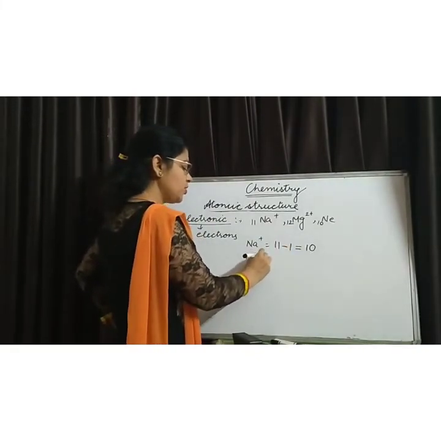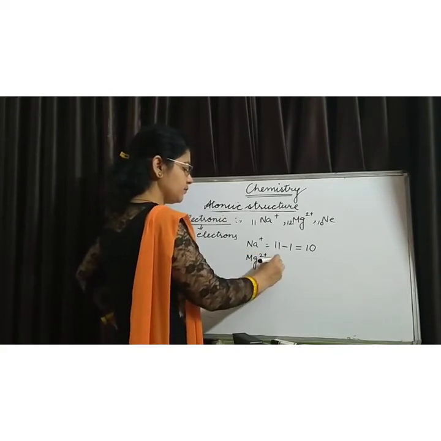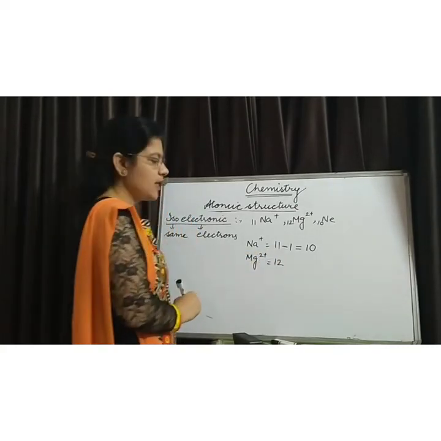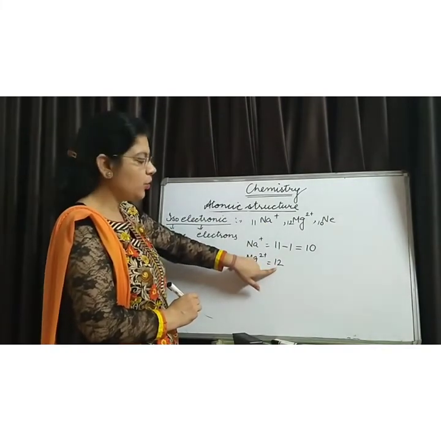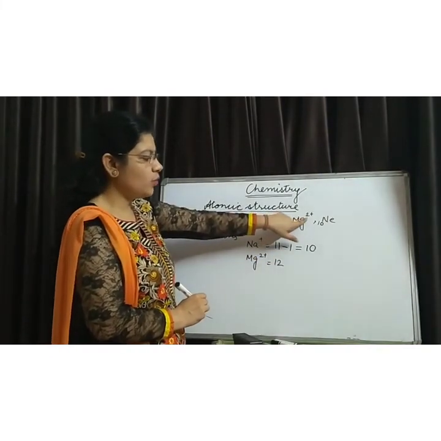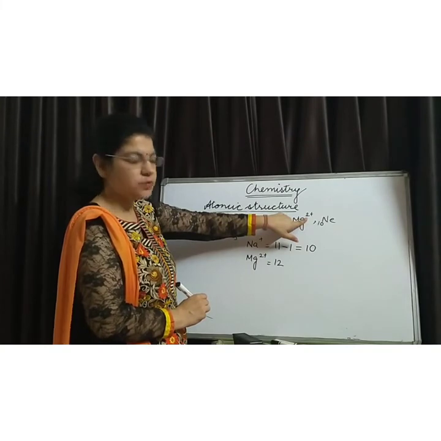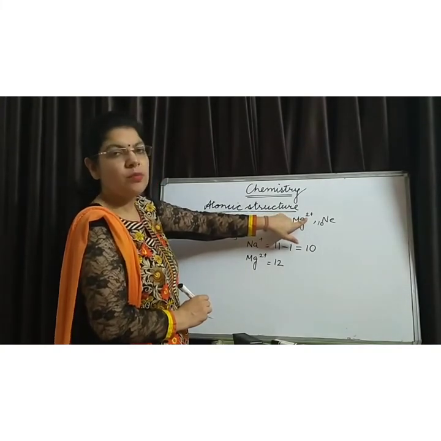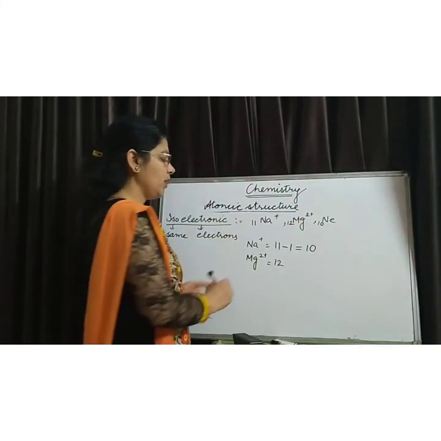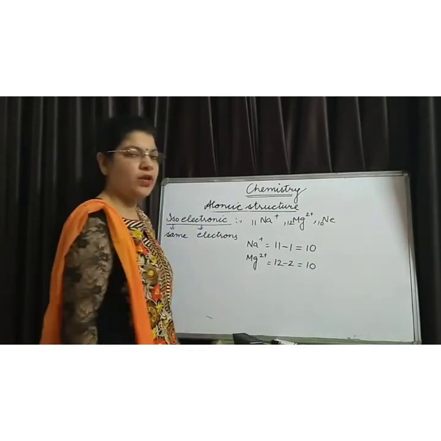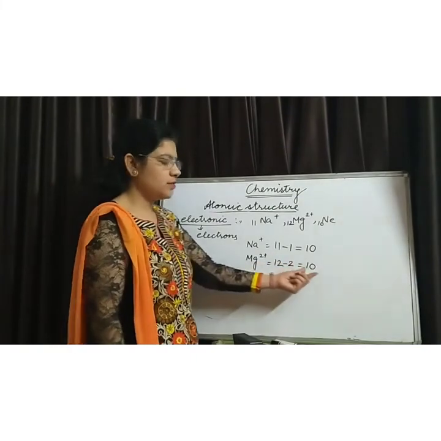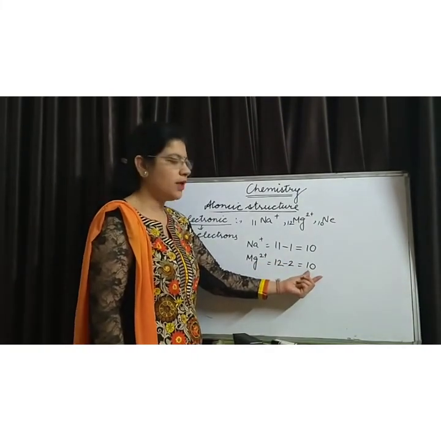Similarly, in the magnesium ion, its atomic number is 12, meaning the number of electrons should be 12, but as it acquires 2 unit positive charge, magnesium loses 2 electrons. By losing 2 electrons, the number of electrons in the magnesium ion is 10.